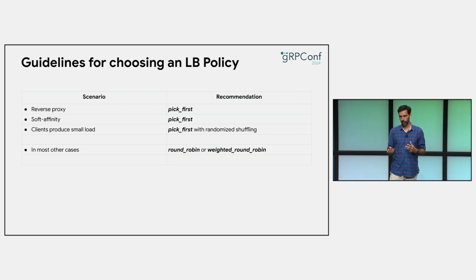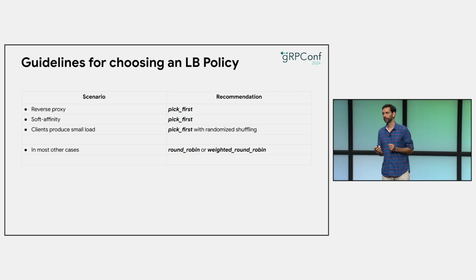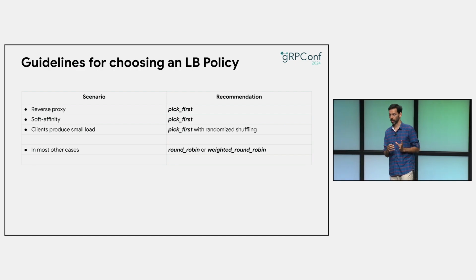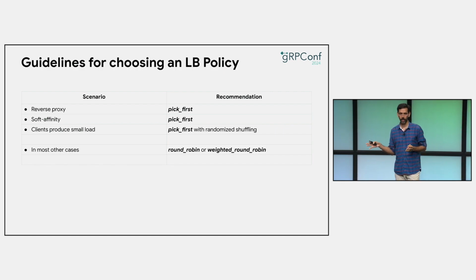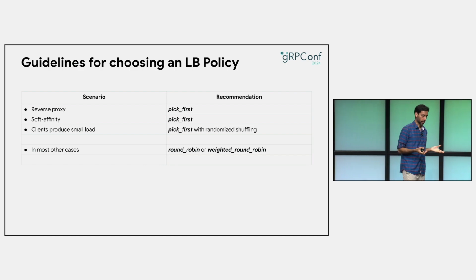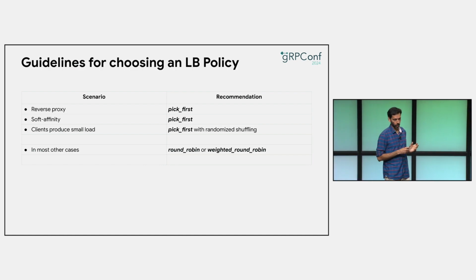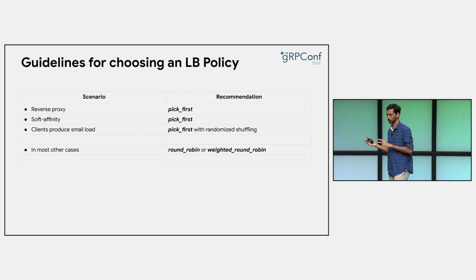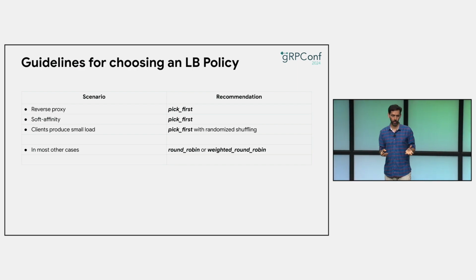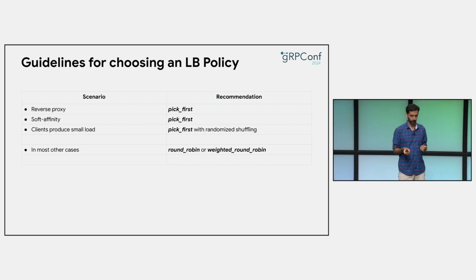Or if you want soft affinity, where you want all your client RPCs to reach the same server backend because the backend is caching some data specific to that client, then again, pick first makes sense. And in the case where your clients are producing very small load compared to the overall load on the server, pick first with randomized shuffling works.